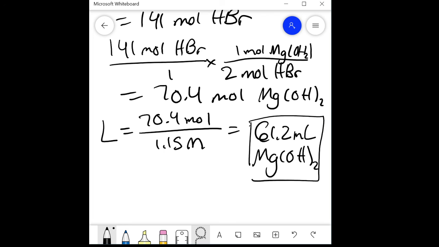So this is just for strong acids and strong bases. Molarity equals moles over liters. You can manipulate it. Say it asks you to solve for molarity, then you can switch these.